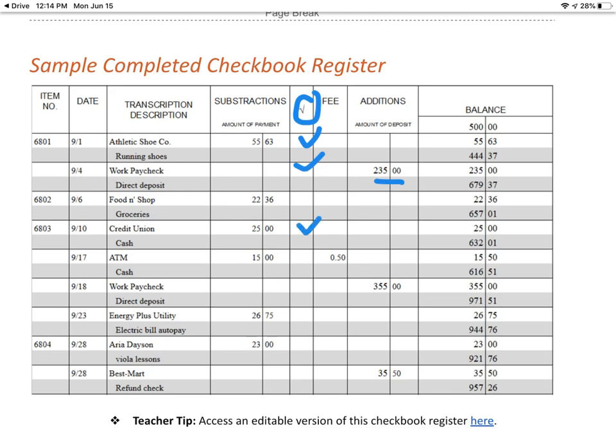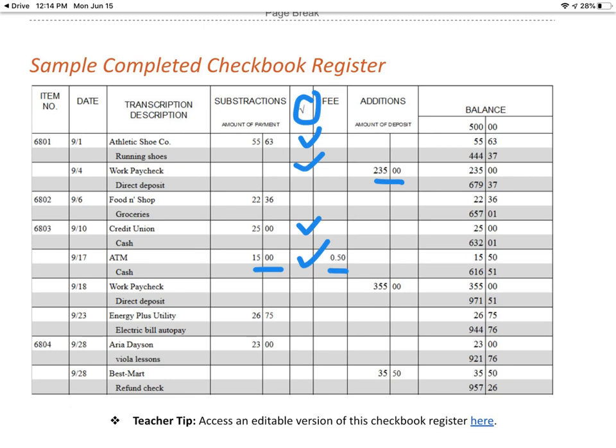The next one is an ATM withdrawal for $15.50. Now, you knew that you took out $15. The ATM charged you an additional 50 cents. So that's why the $15 and the 50 cents is separated. Most people wouldn't be that detailed, but that's fine. We're going to check that off, that the bank knows about that.